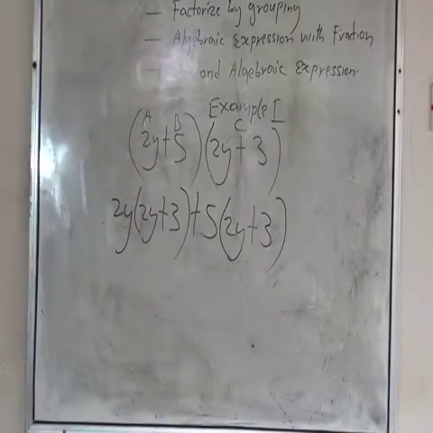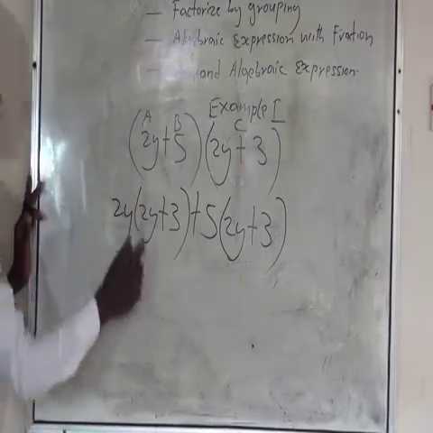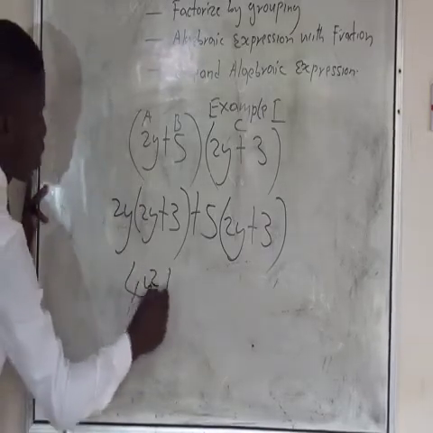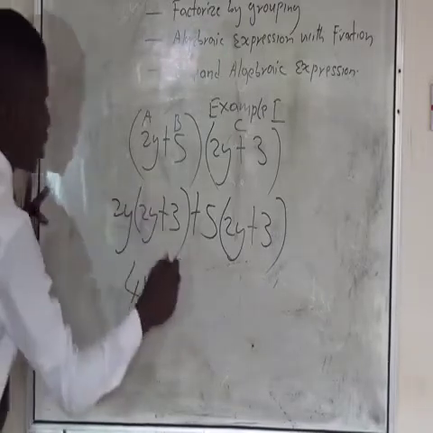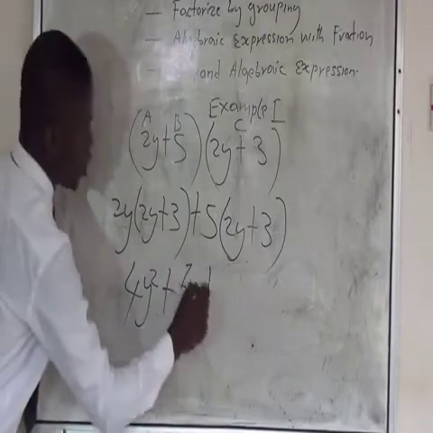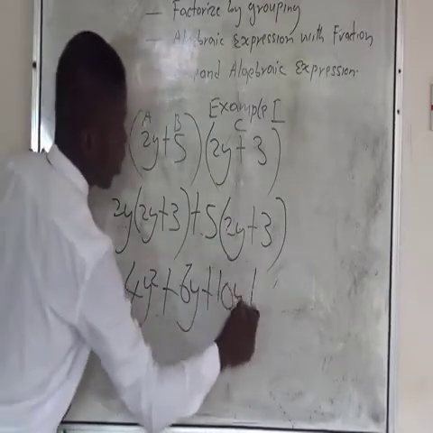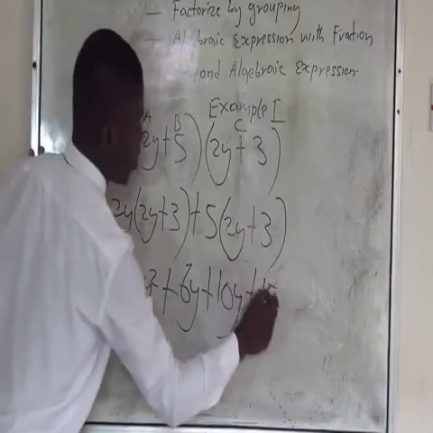Let's expand. 2 times 2 is 4. y times y is y squared. Plus 2 times 3 is 6, bring back y, 6y. Plus 5 times 2 is 10, bring back y. Plus 5 times 3 is 15.